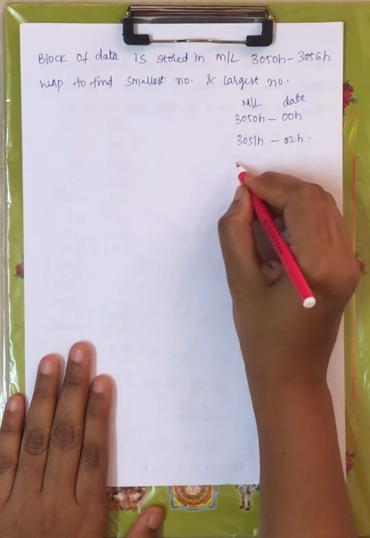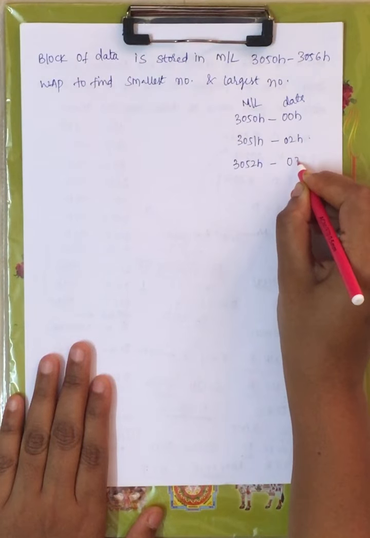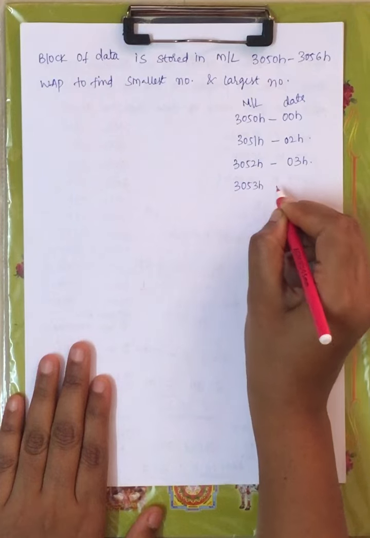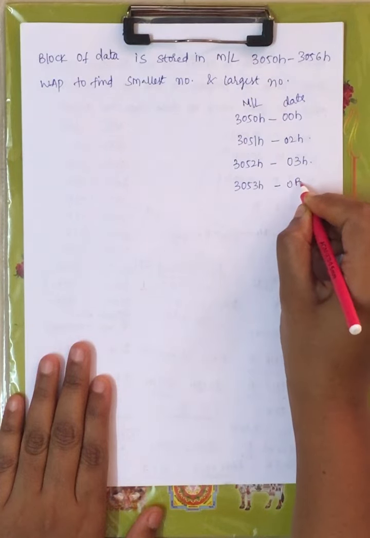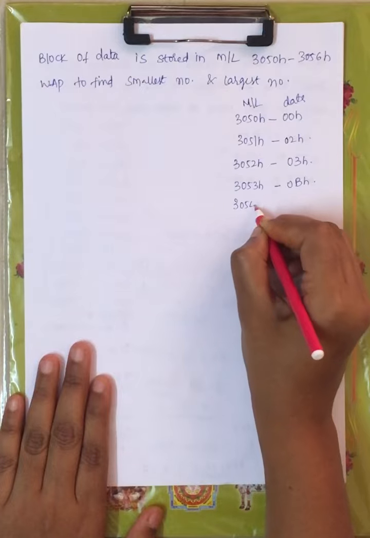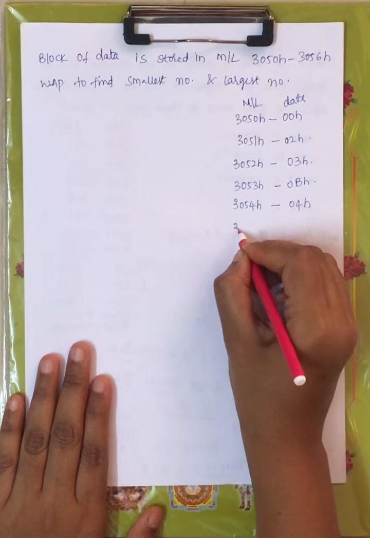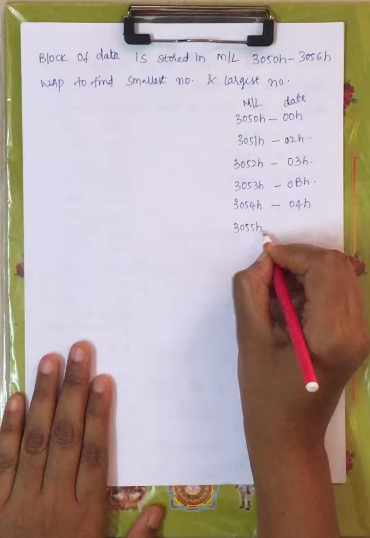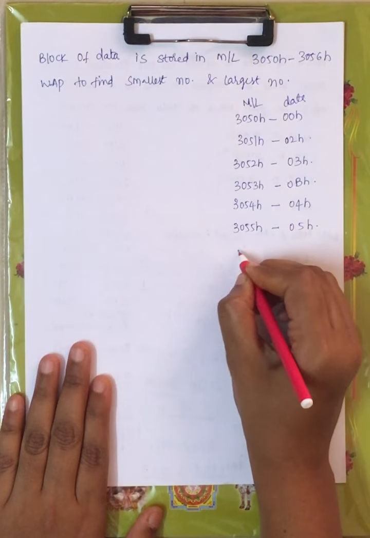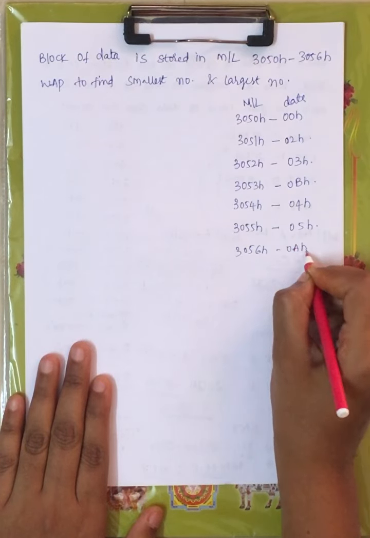Similarly 3052h is storing data 03h, 3053h is storing data 0bh, 3054h is storing data 04h, 3055h is storing data 05h, and 3056h is storing data 0ah.